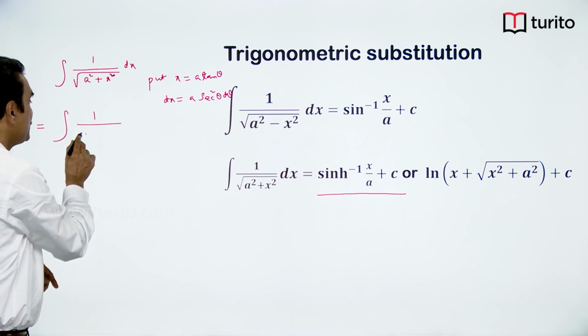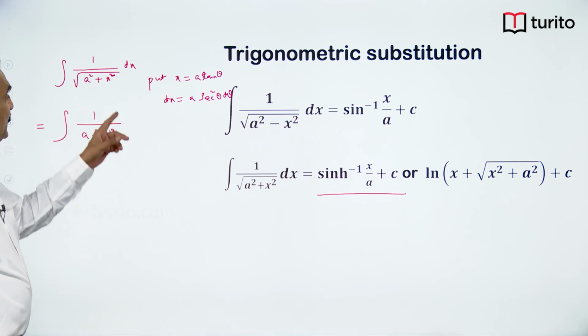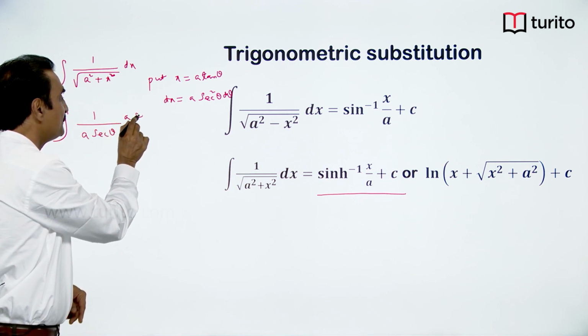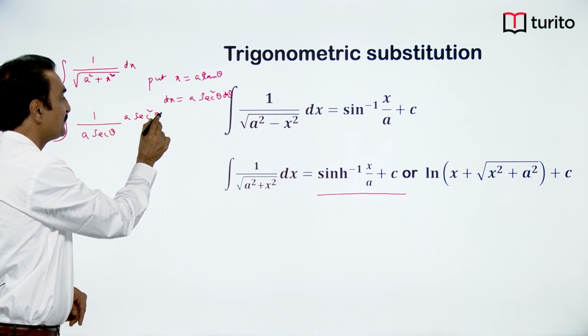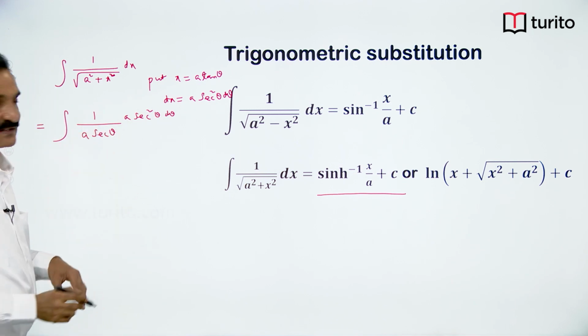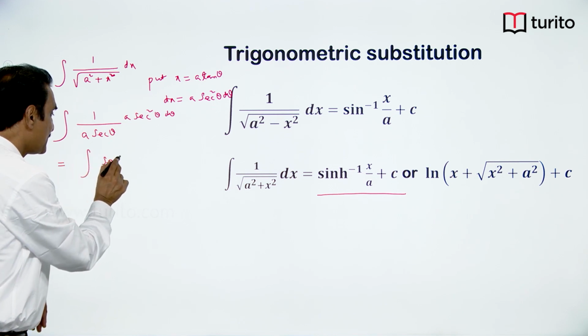So, this becomes a secant theta into dx, which is a secant square theta d theta. A secant theta cancels, it is secant theta.